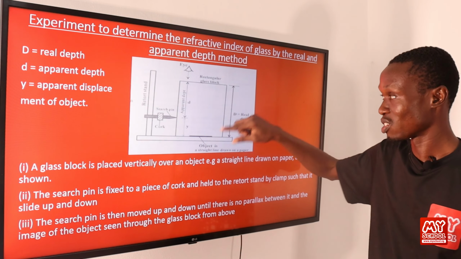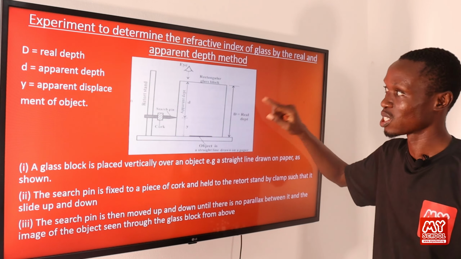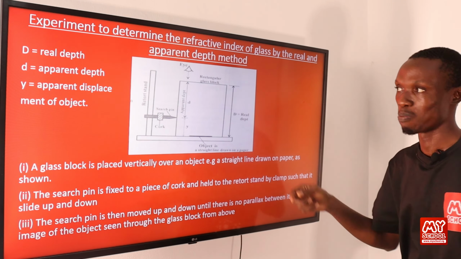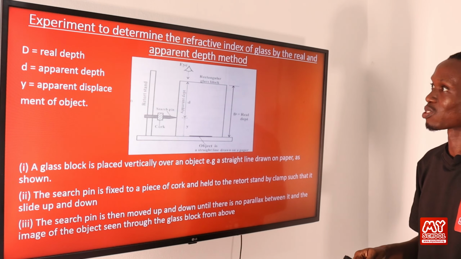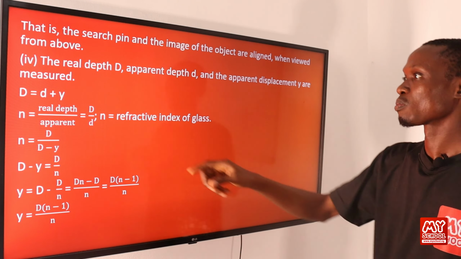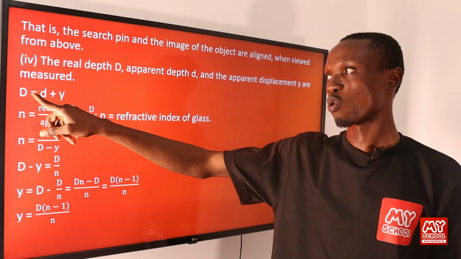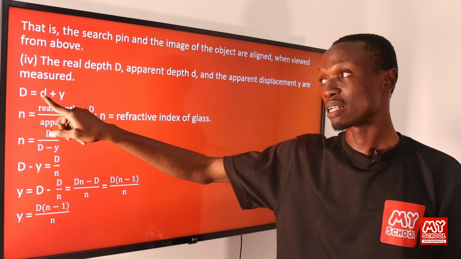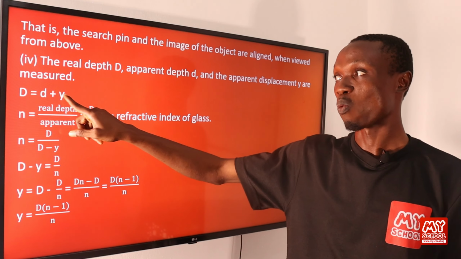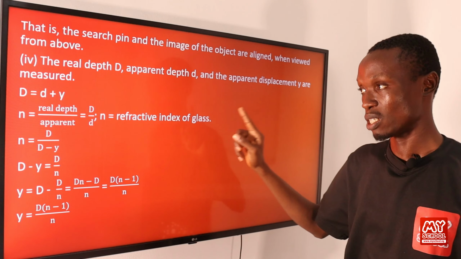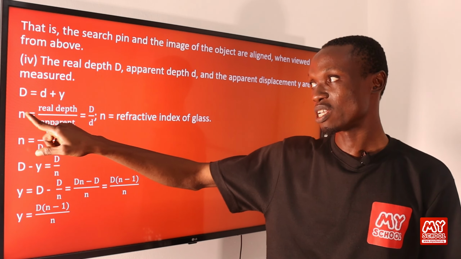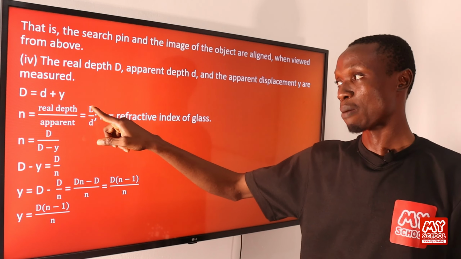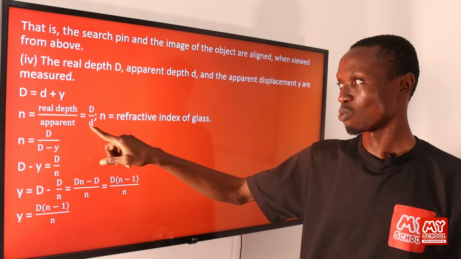So you can see from this diagram that the real depth is equal to the apparent depth plus apparent displacement. Please, let's move back to the previous slide. So real depth is equal to apparent depth, which is small letter d, plus y, which is apparent displacement. But remember that refractive index is equal to real depth all over apparent depth, which is capital letter D all over small letter d.